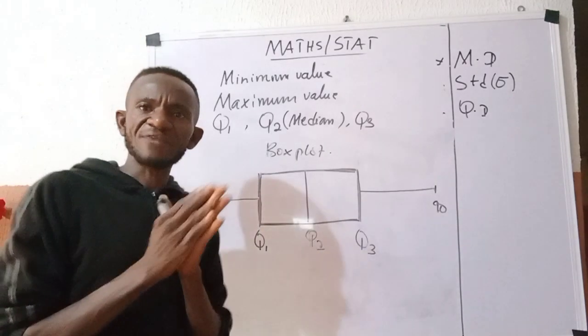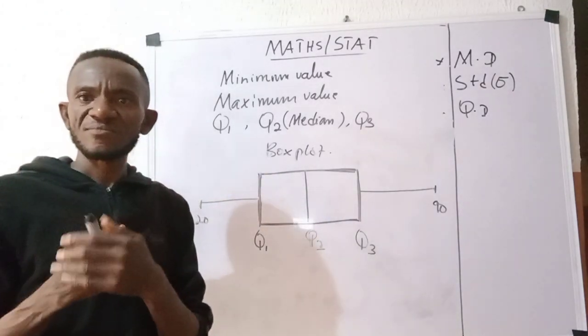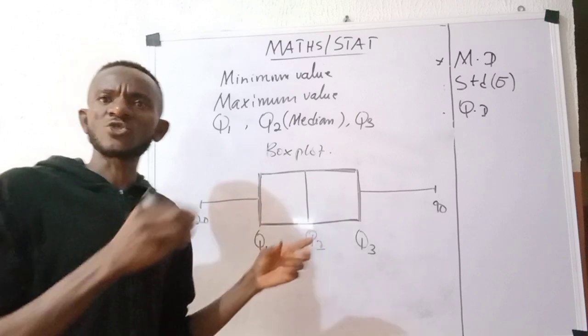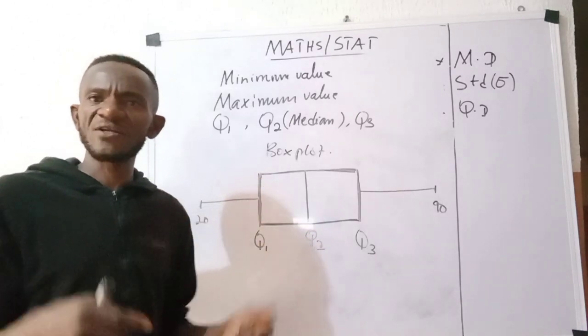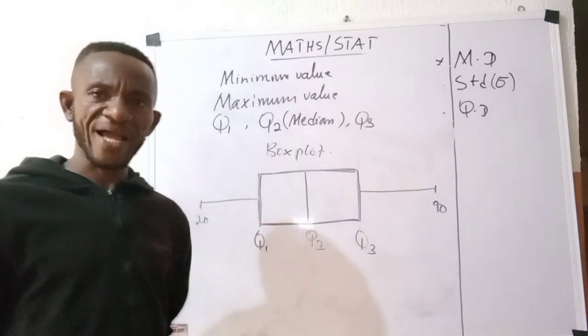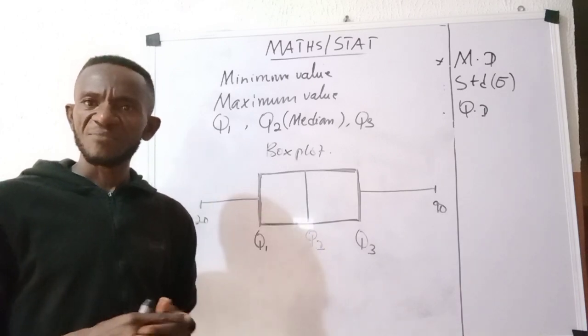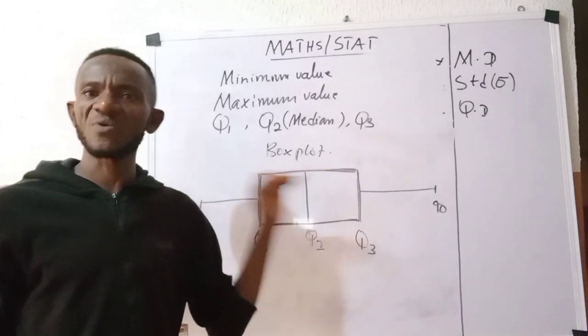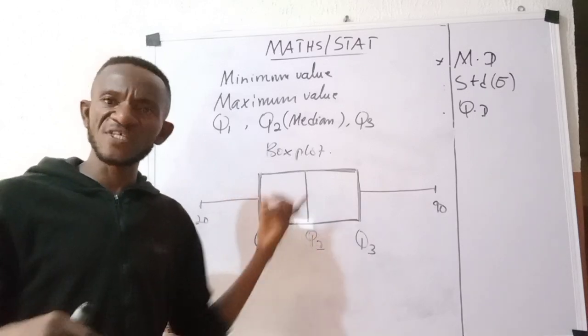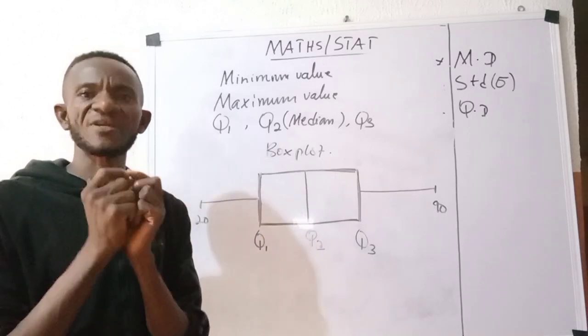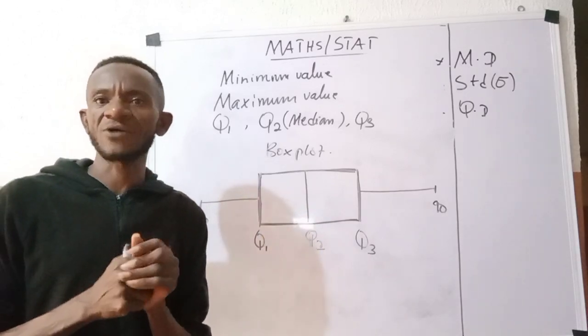And then they gave something for us to be able to use to find what an outlier is. After preparing this, we now see how we use it to see if a particular observation is an outlier.